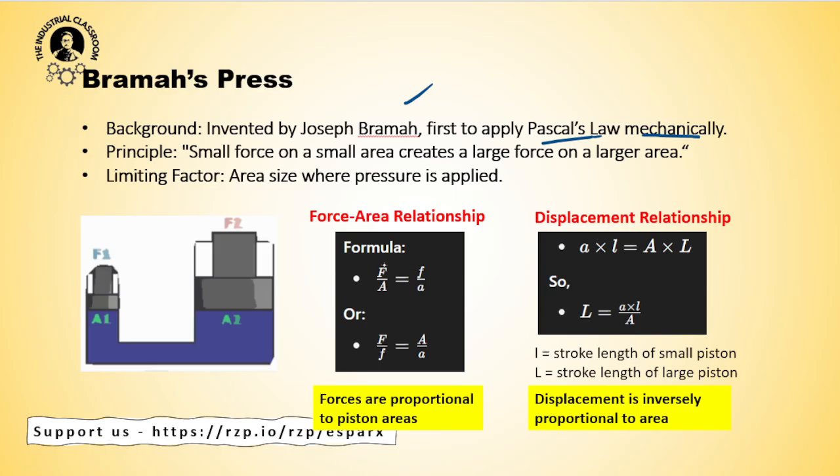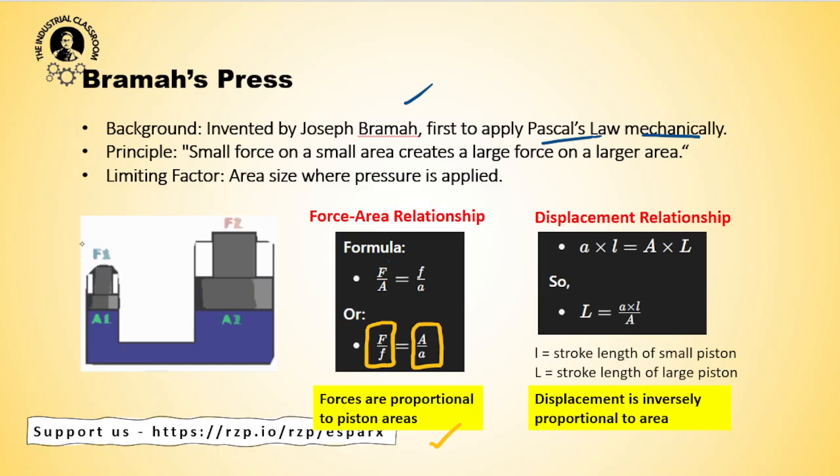We know that force by area, let us consider this one is the larger force, is equal to force by area, because the pressure is the same in all directions by Pascal's law. So we can say that larger force by smaller force is equal to larger area by smaller area, and the forces are proportional to piston areas.